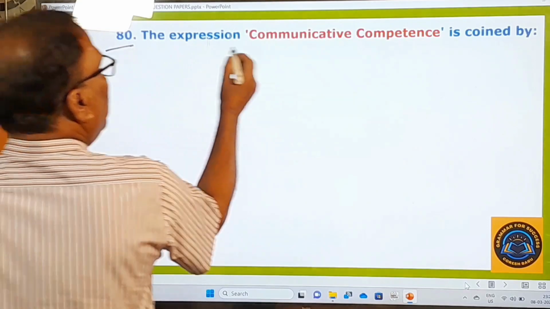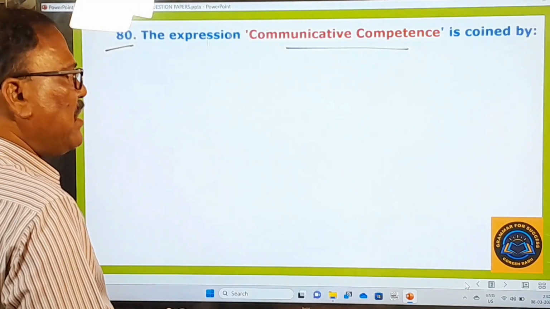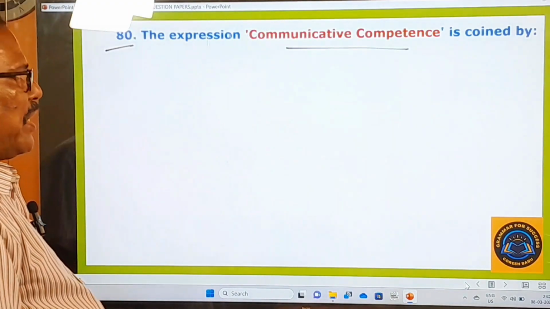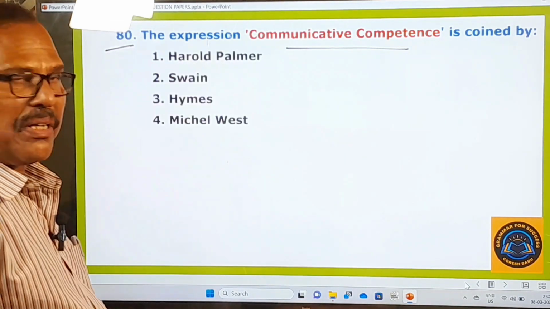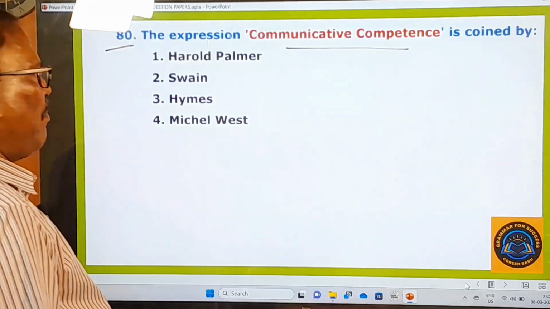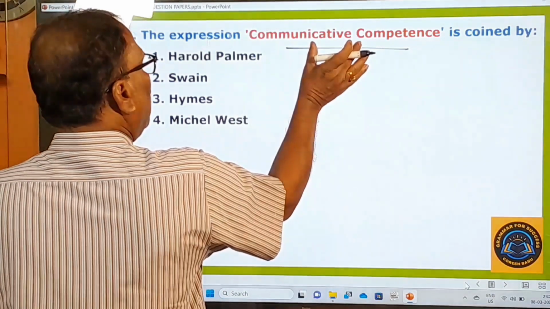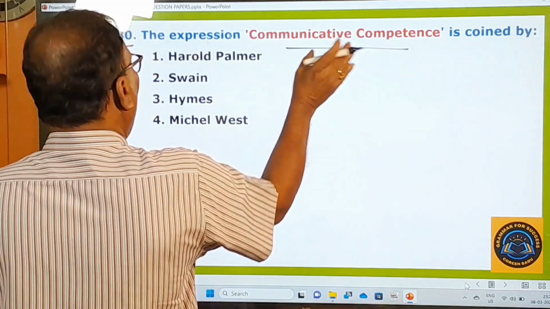80th question. The expression communicative competence is coined by whom? Okay, right. In pedagogy, you come across this communicative competence. It is a phrase coined by who?